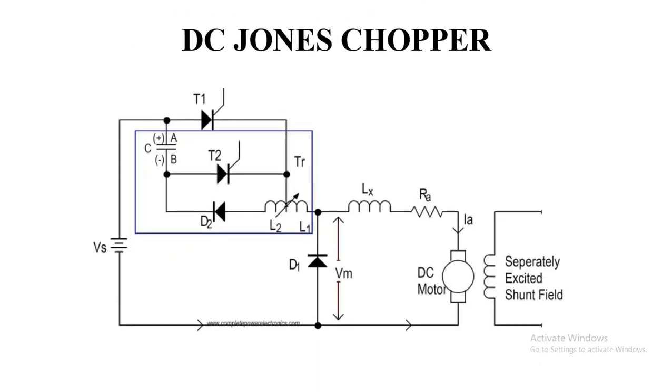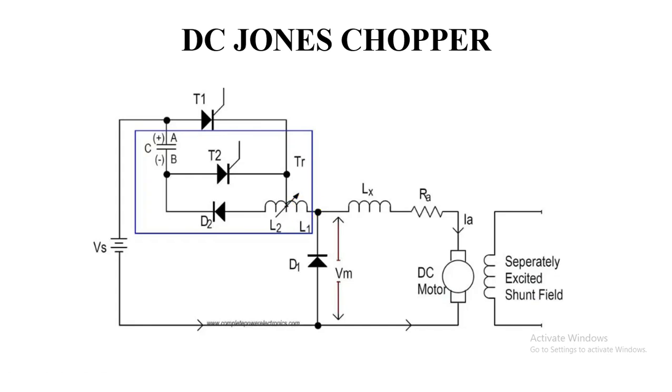This is the diagram of the Jones chopper, which involves two thyristors: the main thyristor and the auxiliary thyristor. One inductor is split into two parts, L1 and L2, which are closely coupled to each other.